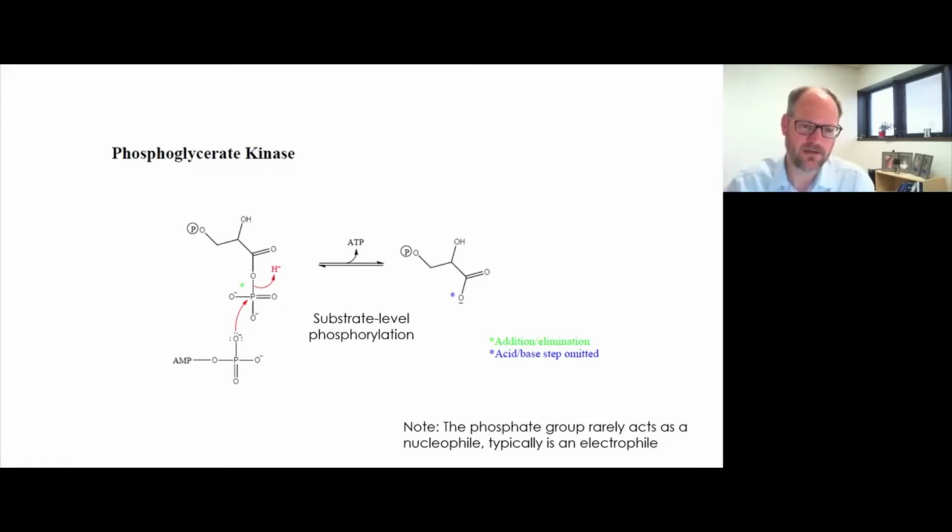And this is an addition-elimination reaction, just like the ones we've seen before. I'm simplifying into one step. That gives us ATP as a leaving group, and this gives us 3-phosphoglycerate as an end product.